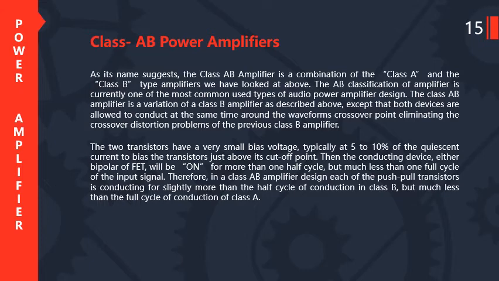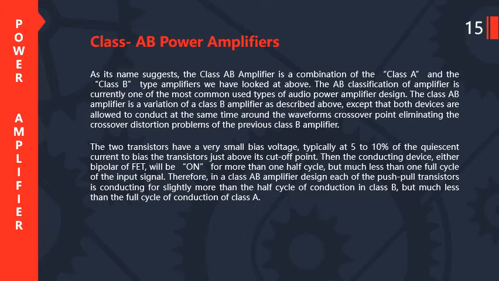The two transistors have a very small bias voltage, typically at 5 to 10% of the quiescent current, to bias the transistor just above its cutoff point. Then the conducting device, either bipolar or FET, will be on for more than one half cycle but much less than one full cycle of the input signal.